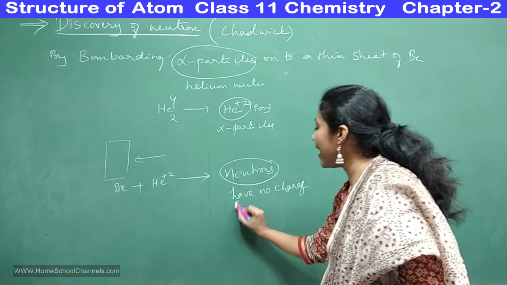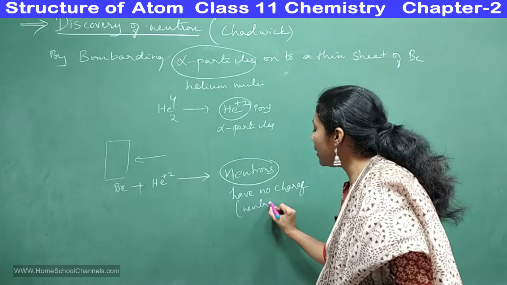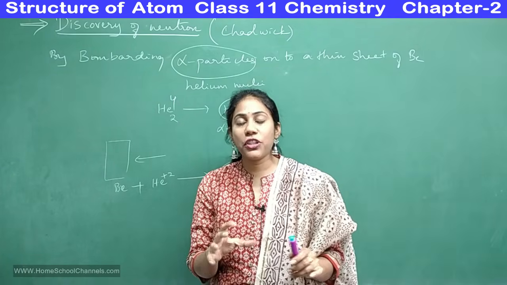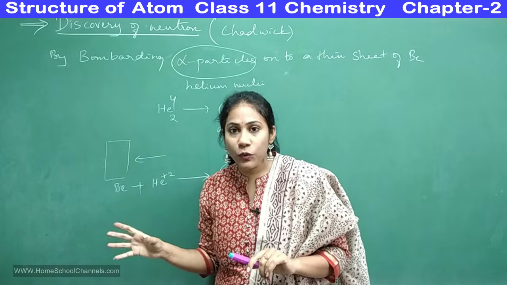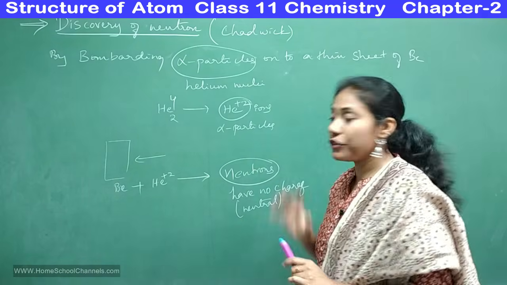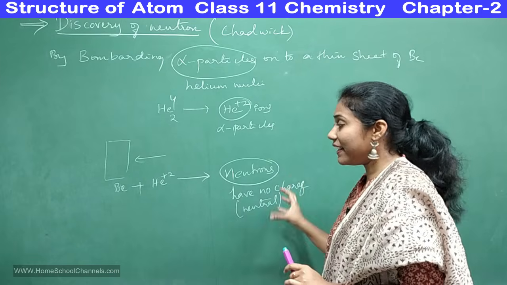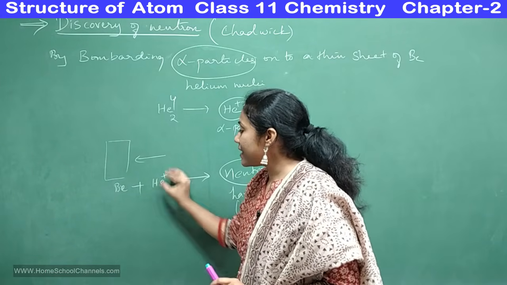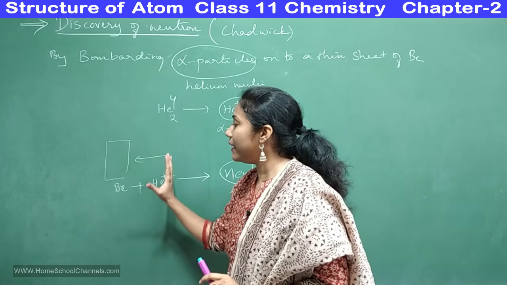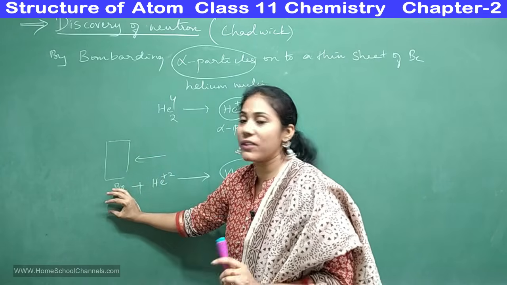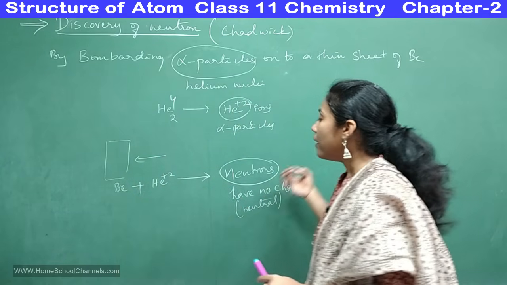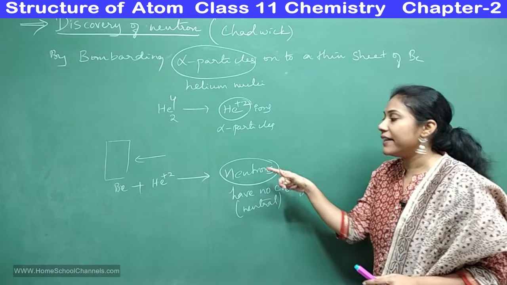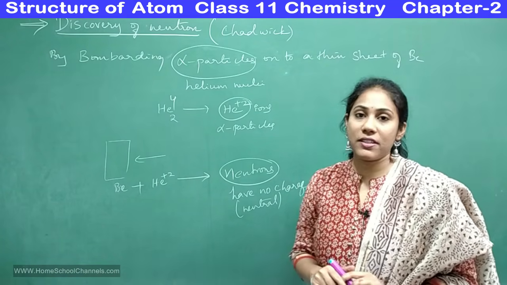In simple words, they are neutral particles. Protons are positively charged, electrons are negatively charged, and neutrons are neutral, right? So how did they discover it? By bombarding alpha particles, that is helium nuclei, onto beryllium. When they hit beryllium, new special particles with neutral charge got generated, and they were called neutrons.